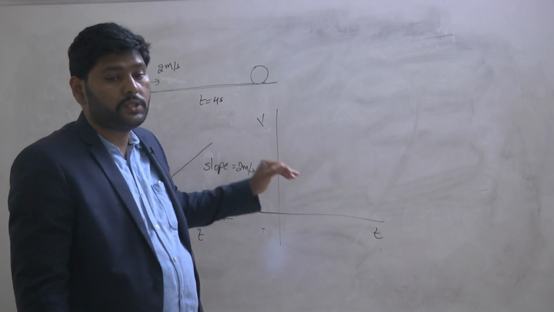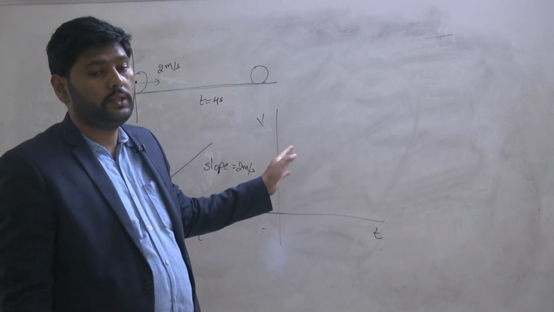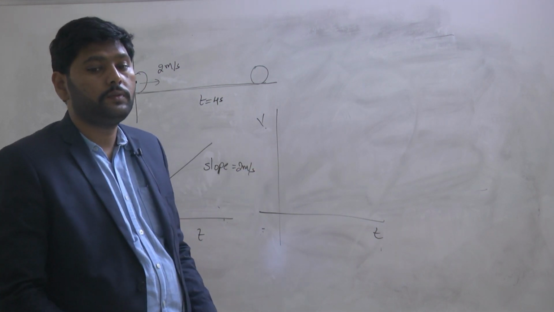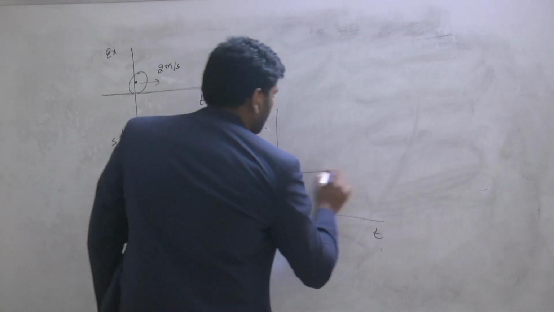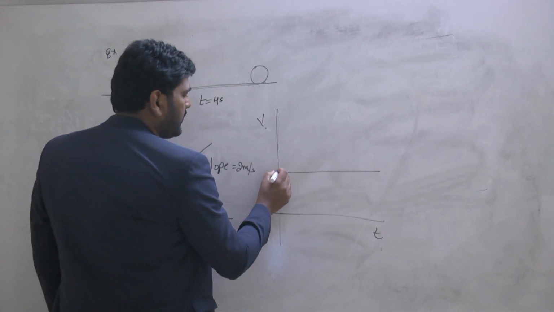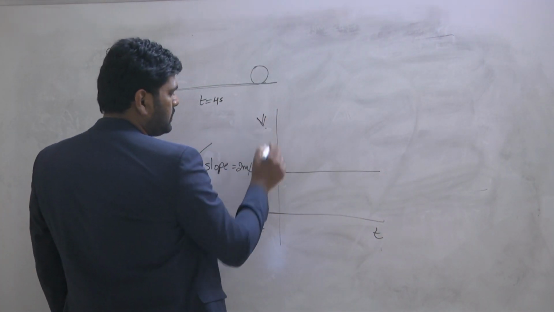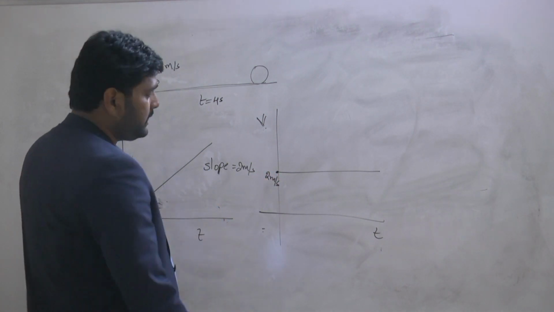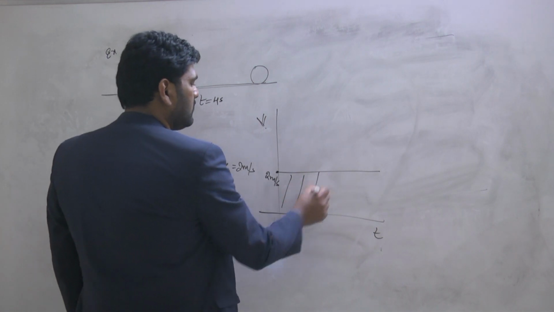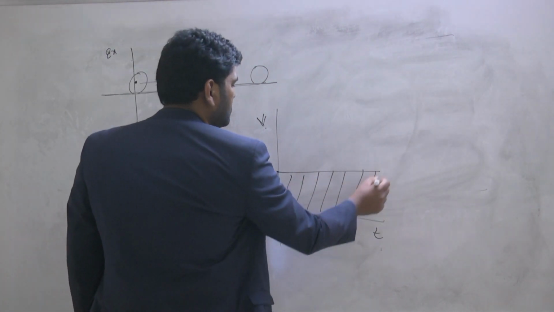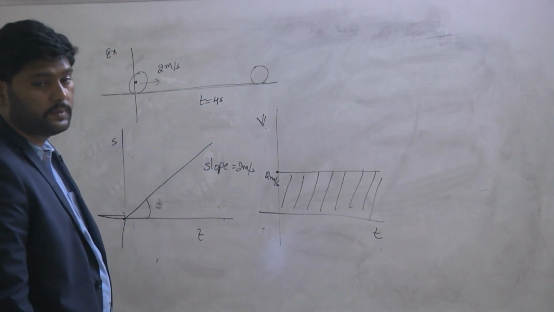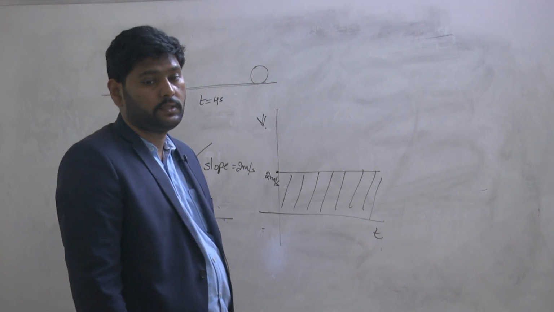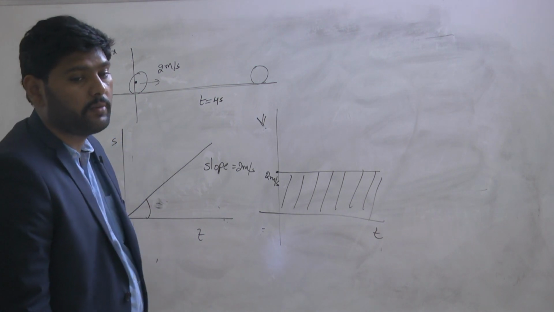Which graph shows uniform speed in speed versus time? The one parallel to the time axis. Very good. This point corresponding V shows 2 meter per second, and the area under the graph represents the distance covered by the body.